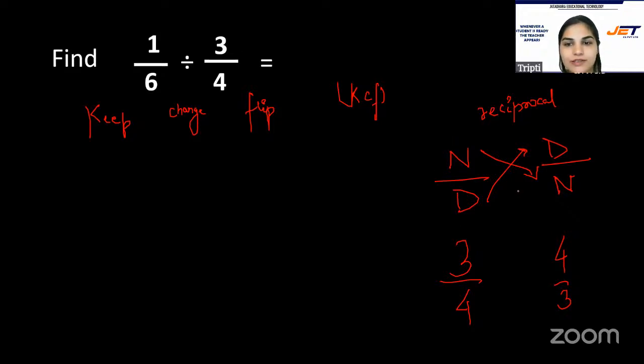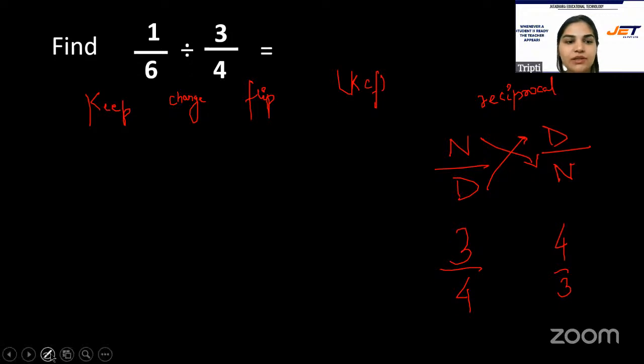Right? Okay, somebody has already given the answer. That's great. So let's check. Keep means the first fraction will be kept like that only. The first fraction is 1 by 6. I'll write 1 by 6. Division sign will change into the sign of multiplication. That is what it means by change. Flip is the reciprocal.